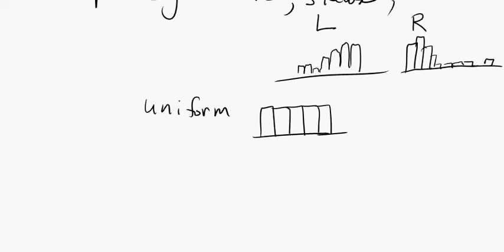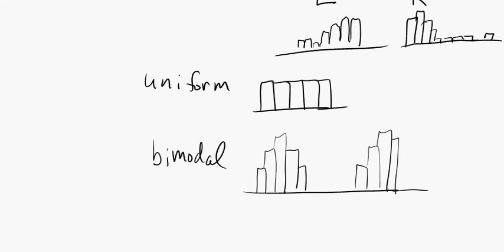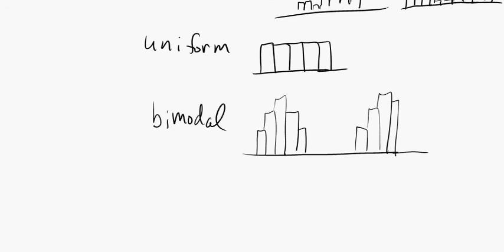And bimodal, I think we talked about it once, but a bimodal distribution will have like a little cluster of values and then a second cluster of values. So you might see the word on the test, so that's why I'm telling you now.